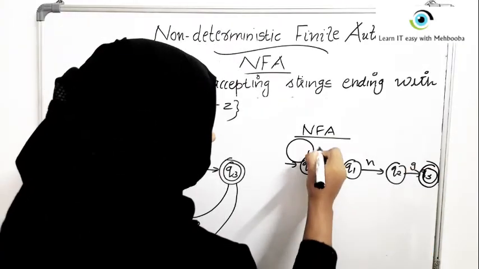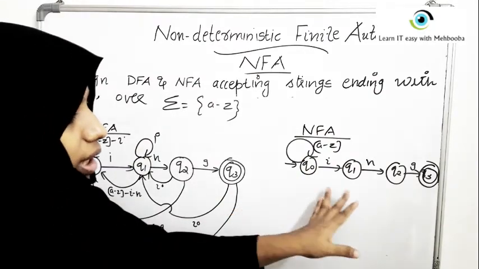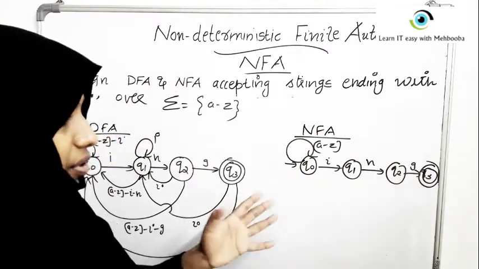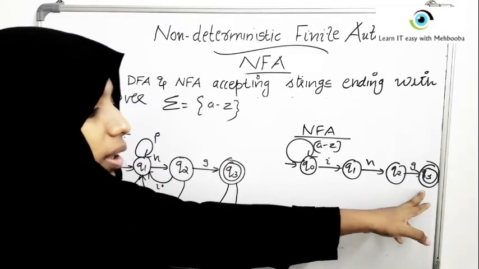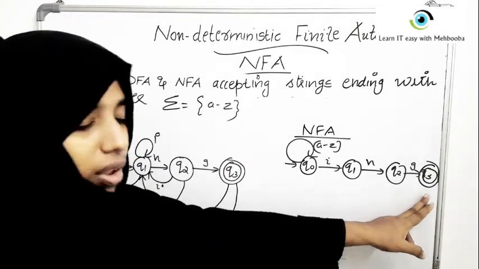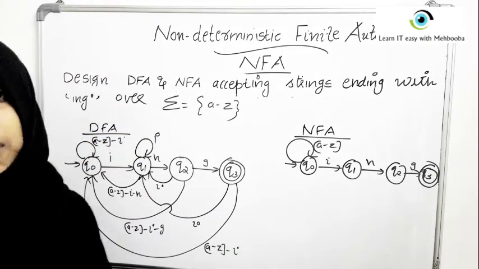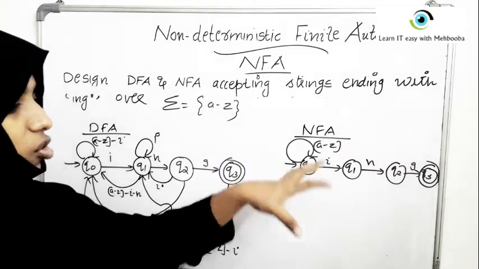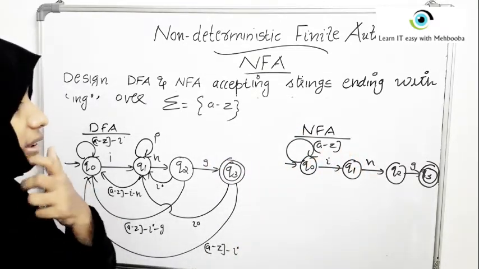Now whatever can come before this, A to Z, then ing. We have to address only the transitions that we require. All the transitions, what if I comes here, what if N comes here, you need not address. NFA is very flexible to design. So whatever comes first can come, but it should end with ing. So this is the NFA.